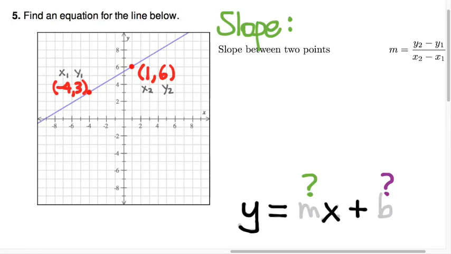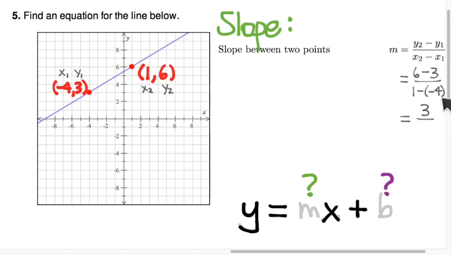And if I do that, then y2 minus y1 is going to be 6 minus 3. So let's move that over to here. 6 minus 3. x2 minus x1 is going to be 1 minus -4. So upstairs I end up with a 3.